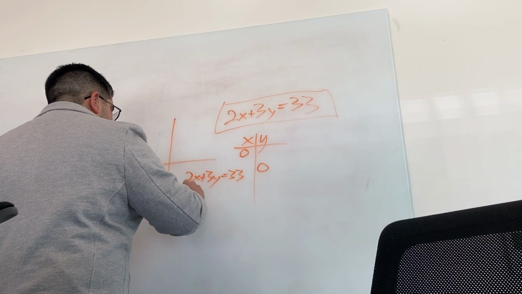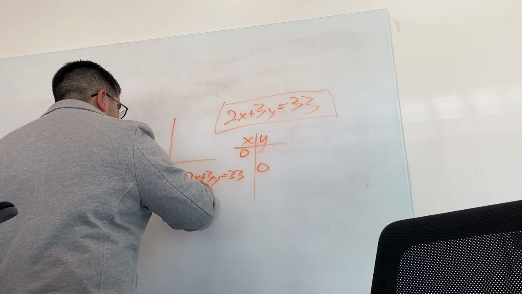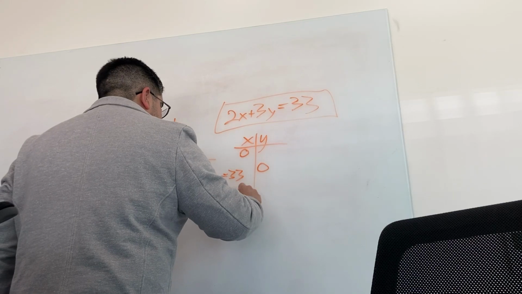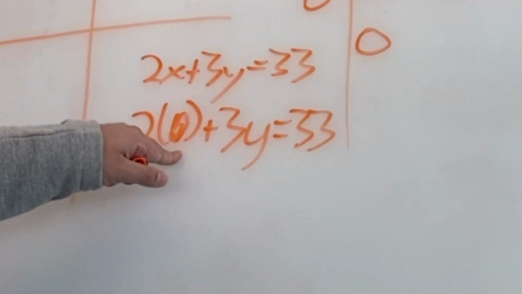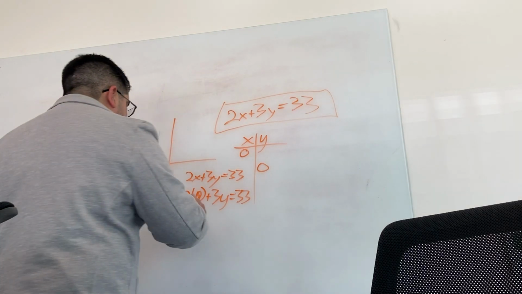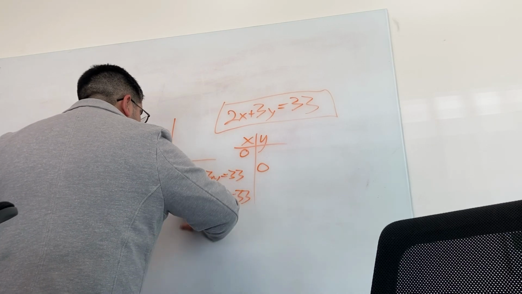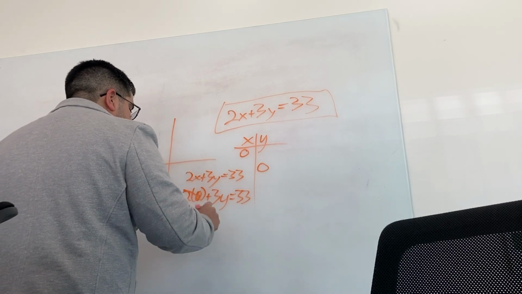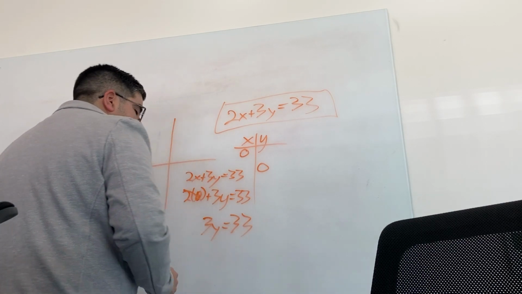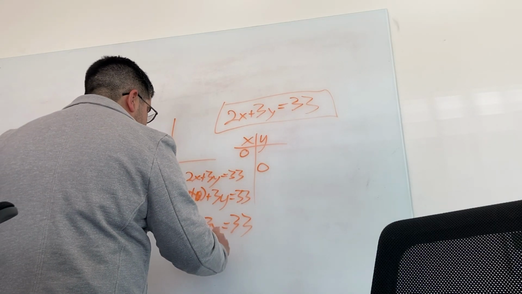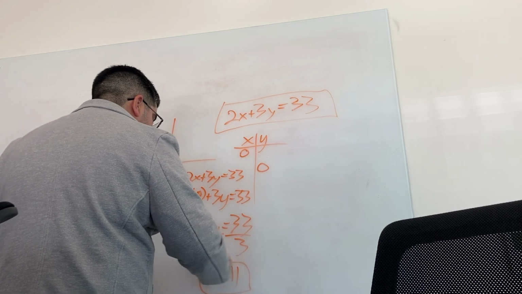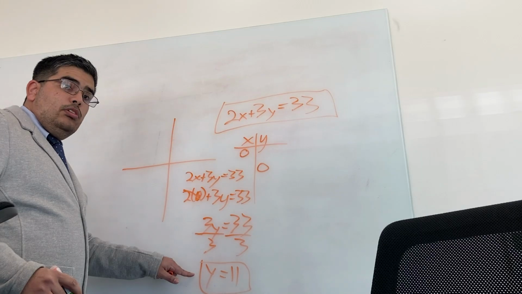So then we're going to have 2 times 0 plus 3 times y equals 33. 2 times 0 is equal to 0, so essentially there's nothing there. It cancels out. So now we have 3y equals 33. Remember, divide by 3, divide by 3, y is equal to 11. Cool. We got y is equal to 11.